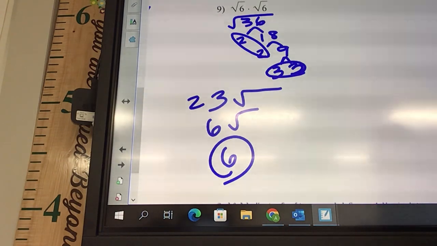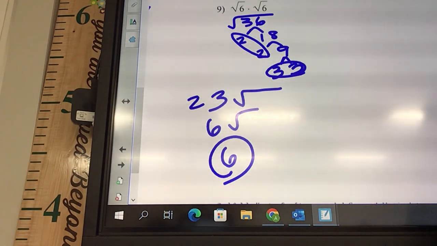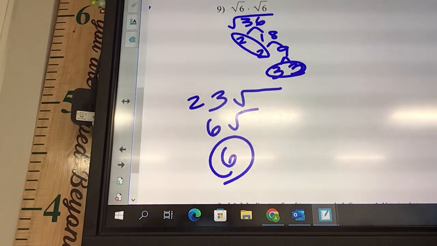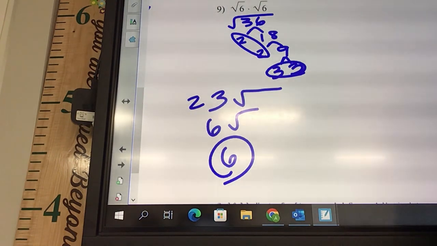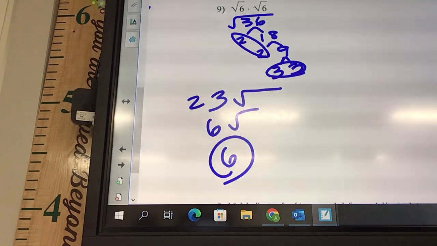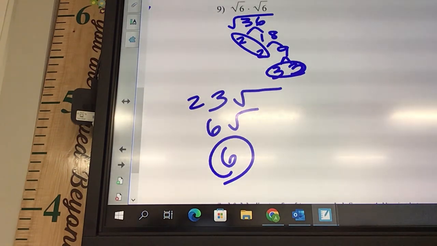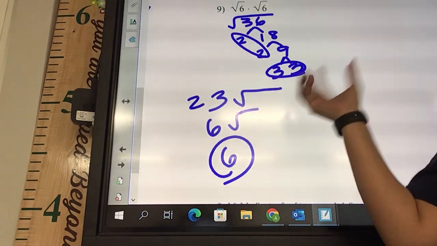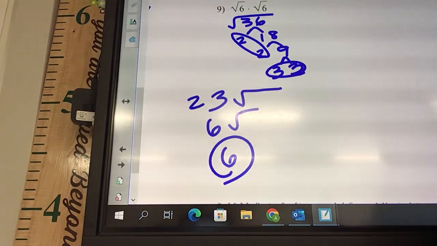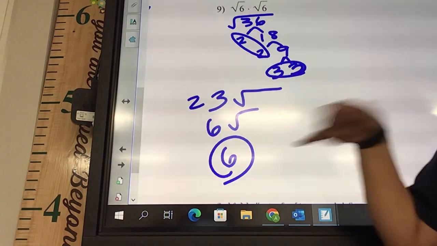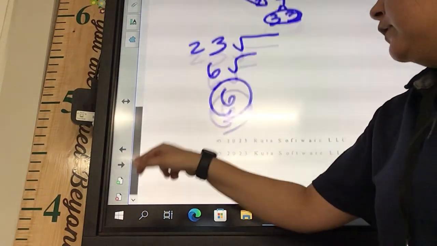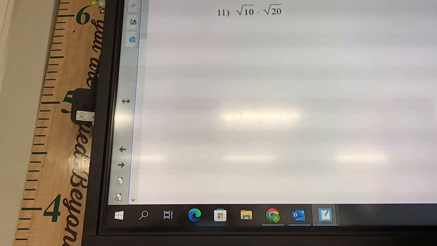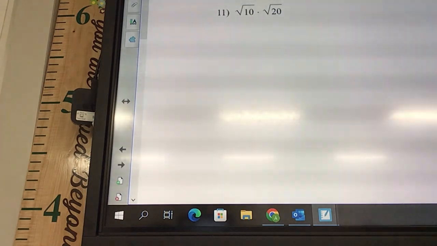The perfect roots are like the square root of 9 is 3, the square root of 16 is 4, the square root of 25 is 5, the square root of 36 is 6, which is what we've got here. Now, if you don't know your perfect roots already, that's okay. That's why we do the tree method. But when you're left with nothing on the inside, that means it's a perfect root. Number 11, we got 10 times 20.